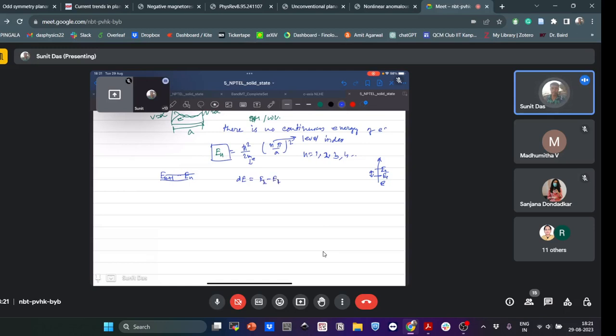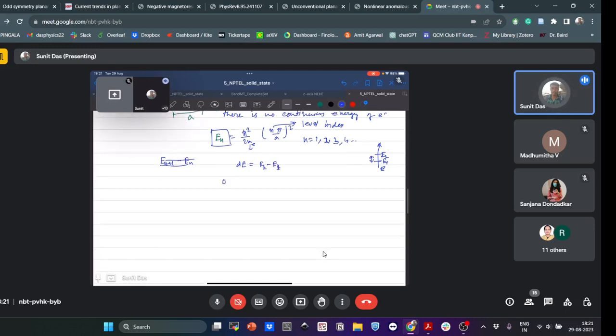So E2 minus E1. Now density of states D of E necessarily says how many particles there are in that energy window. So dn is the number of particles present in this energy window, divided by this dE, right?